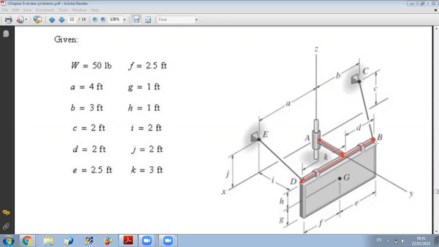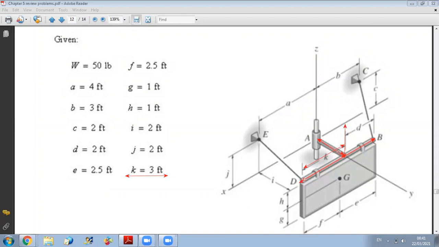Now, concerning the XY components for point D, if I look at my annotation, point D has an x component equal to this distance, because this line is from the y-axis, parallel to x. So this distance k, which is 3, will be the coordinate of D along x.